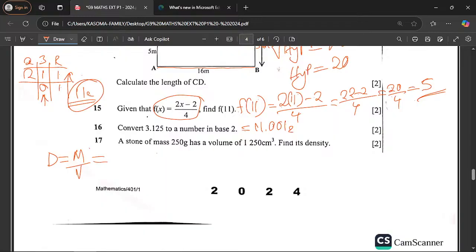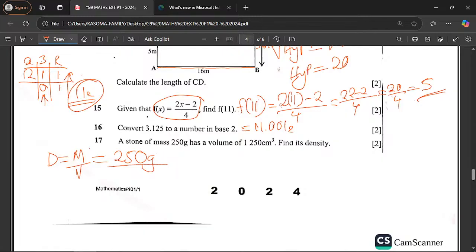So now when you look at the statement, are we given mass? Yes, here is the mass. We are given 250 grams, over, are we given volume?